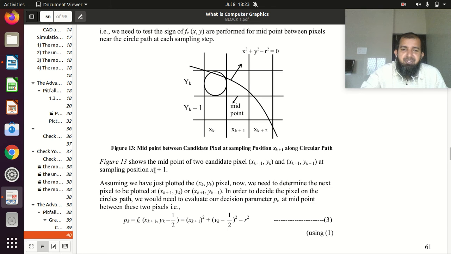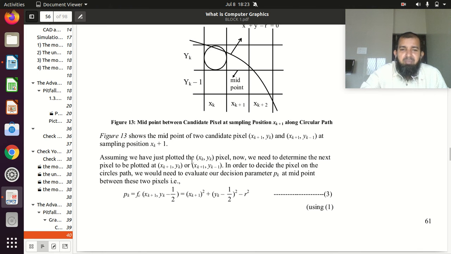Figure 13 shows the midpoint of two candidate pixels, (xk plus 1, yk) and (xk plus 1, yk minus 1), at sampling position xk plus 1, either this or this.